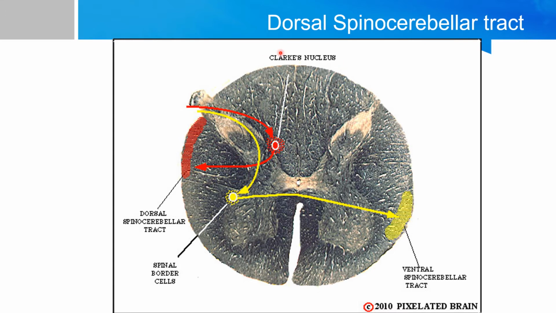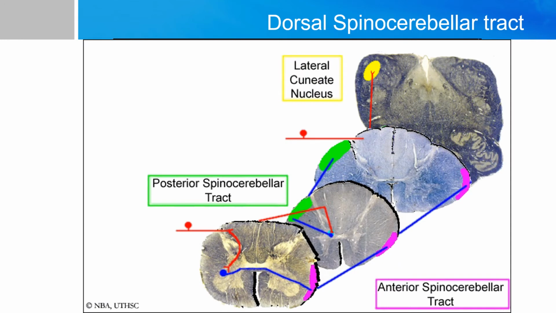We covered the Clark's nucleus in the lamina video, and you can refer to that video for more information. Information then travels to the dorsal spinocerebellar tract in the lateral funiculus, this is the lateral funiculus right here of the spinal cord, and it eventually ascends.